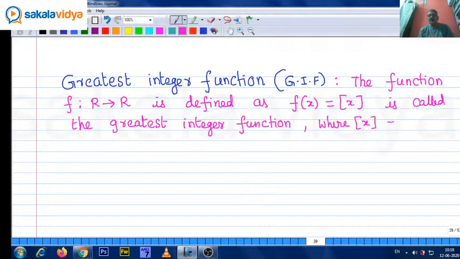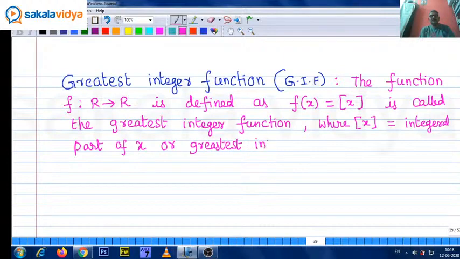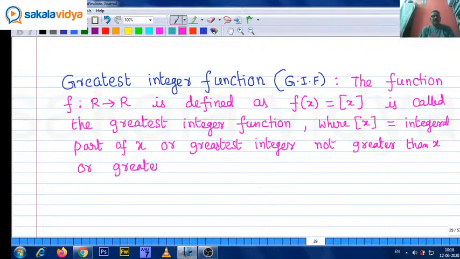Step x is equal to the integral part of the number x, or the greatest integer not greater than x, or the greatest integer less than or equal to x.